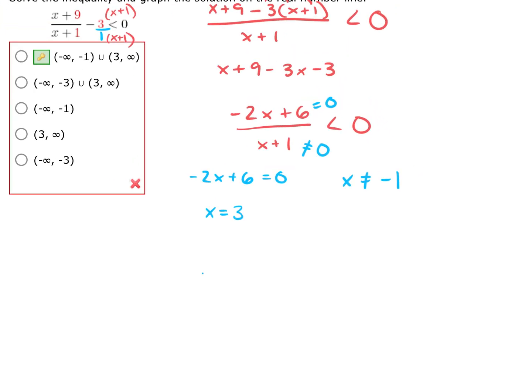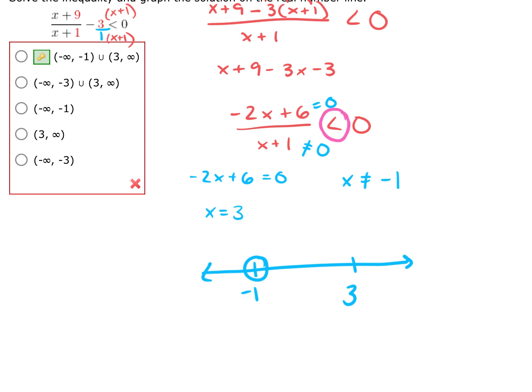We're going to put those on our number line. So negative 1 is going to go first, and then 3. Since negative 1 is not included, we can't have negative 1 in our domain, so it gets an open circle. Now for x equals 3, what do you think, open or closed circle?